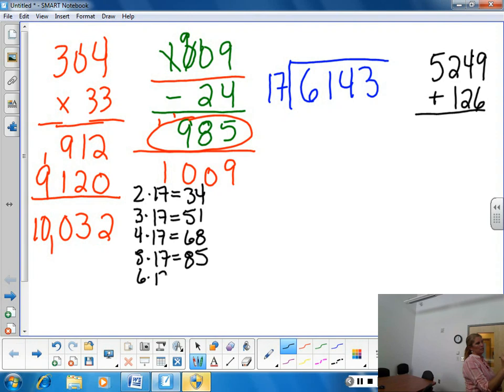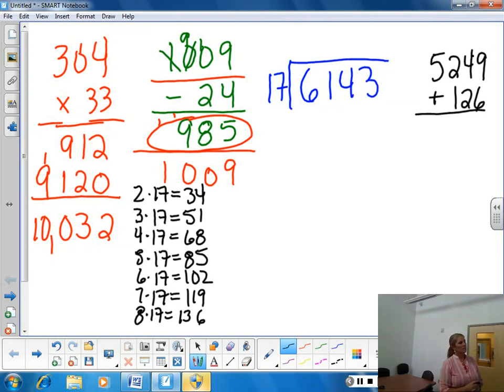6 times 17, that's going to be 102. 7 times 17, that's going to be 119. 8 times 17 is 136.